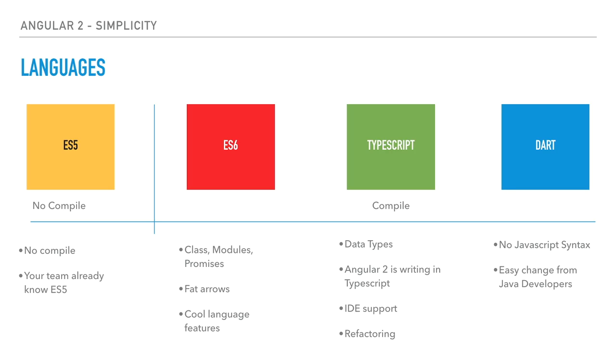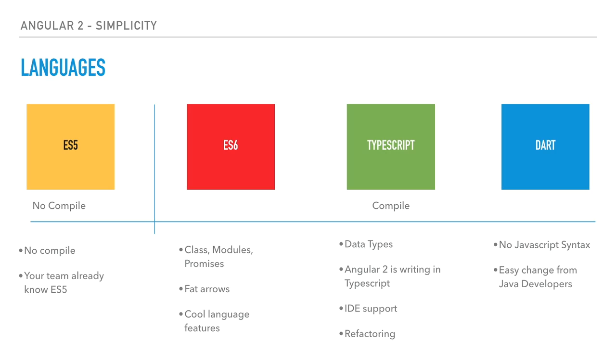It has plenty of IDE support. Microsoft is working proactively to give many tools, and it also works nicely and seamlessly with refactoring tools. The Angular team is actually writing Angular in TypeScript, so I think we will see many more TypeScript developers in the near future.